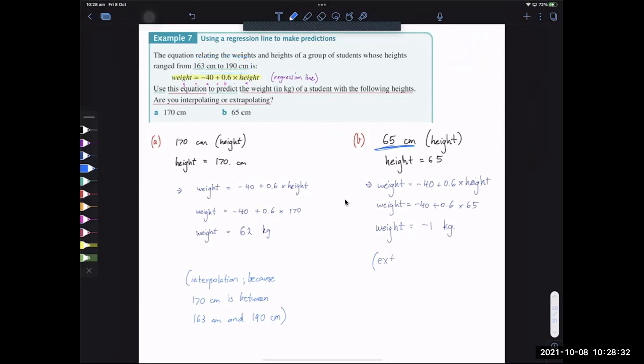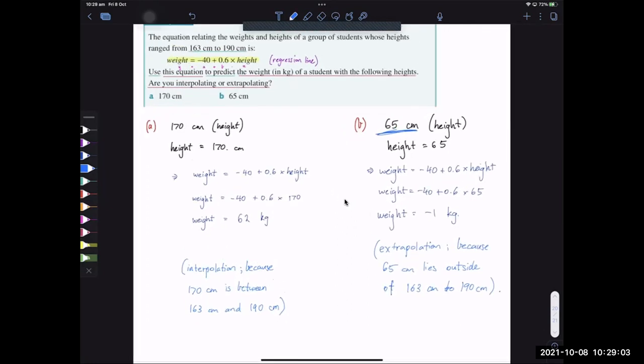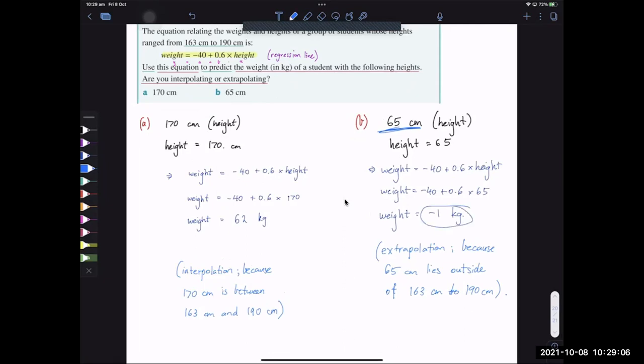So EX for extra, and then polation. 65 centimeters lies outside of 160 centimeters to 190 centimeters. Now, if you actually have a look here, this -1 kilos, is that even possible?